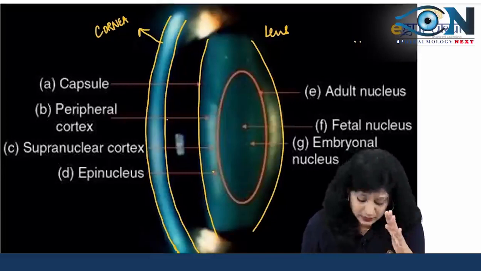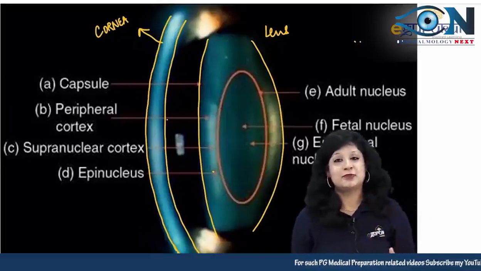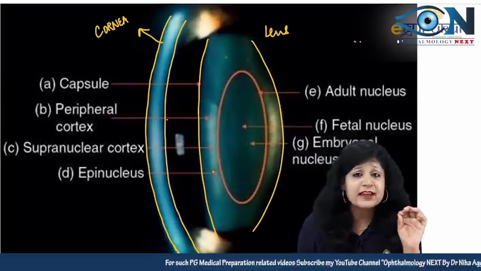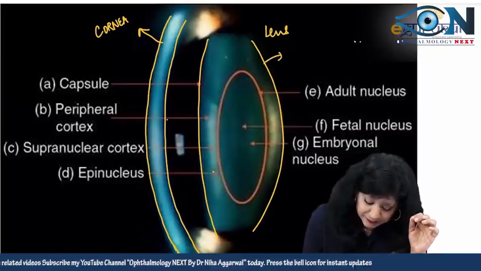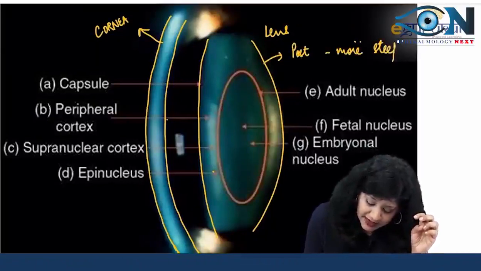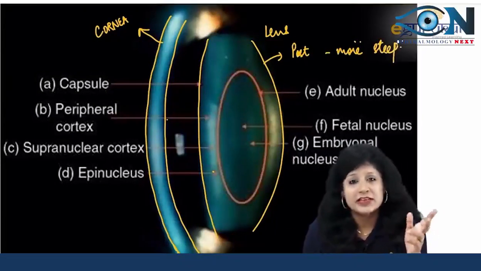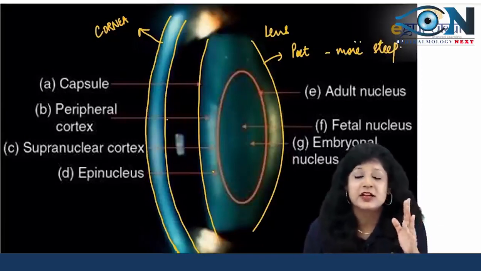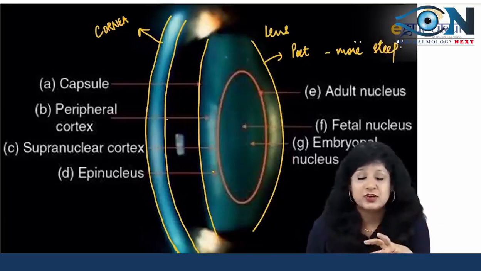Now in the slightest of incidences, suppose they do not give it, then also don't get disheartened, because you know that the posterior surface is more steep. So by that also you will come to know which is anterior side and which is posterior side. But nevertheless, I think they will always accompany the corneal shadow with the lens shadow, and you'll get to know.